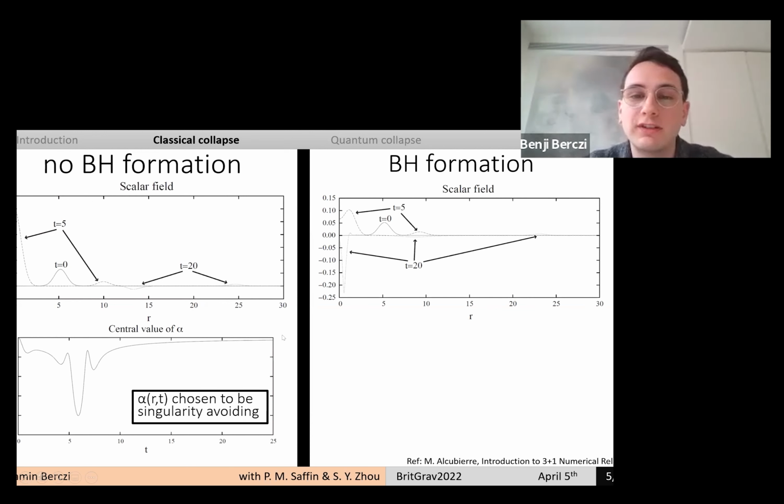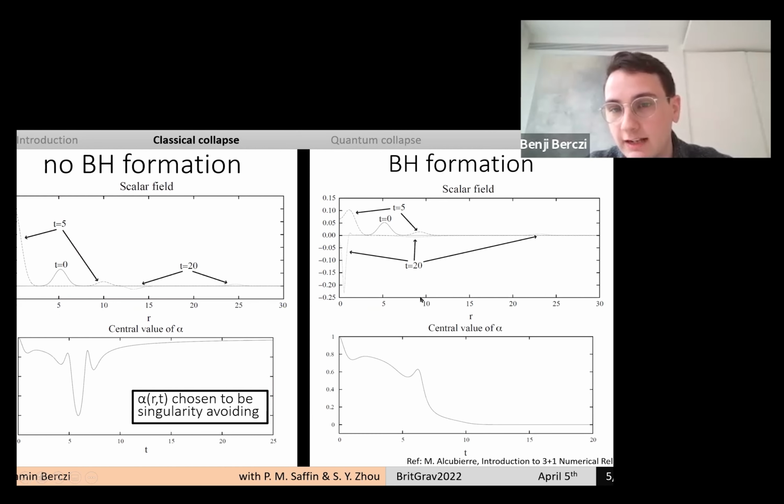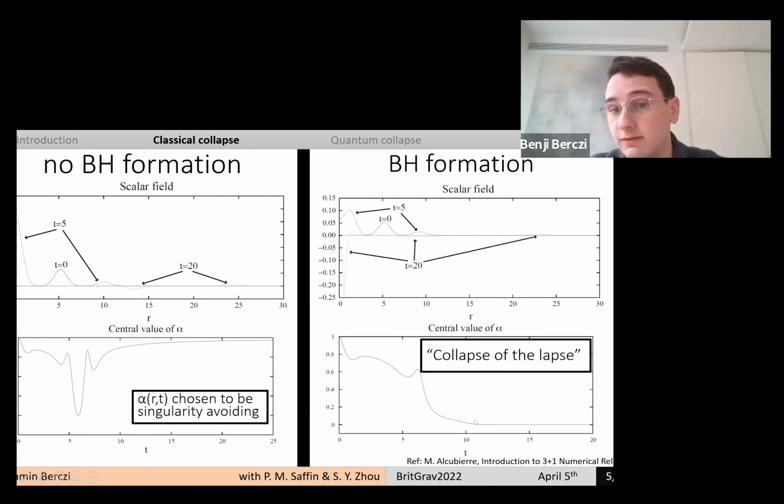In the black hole formation, however, we have the same evolution, but at the very end, there's some part of this scalar field staying at the middle. And we can see this in the lapse function's evolution as well, since it collapses on itself. That's the collapse of the lapse phenomenon.